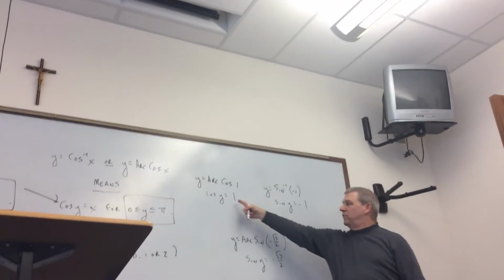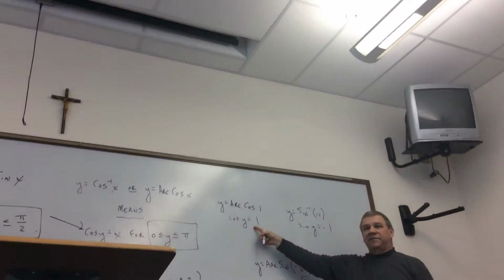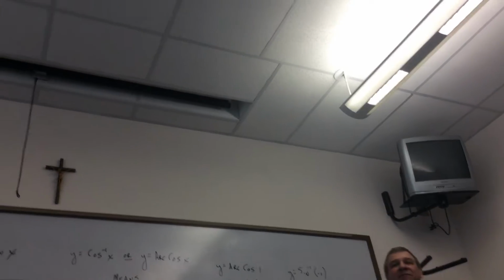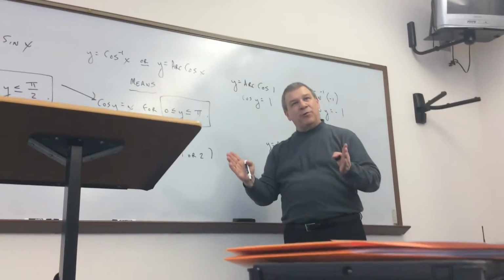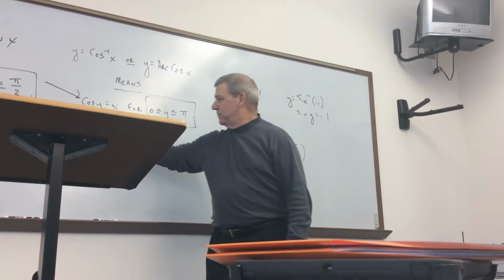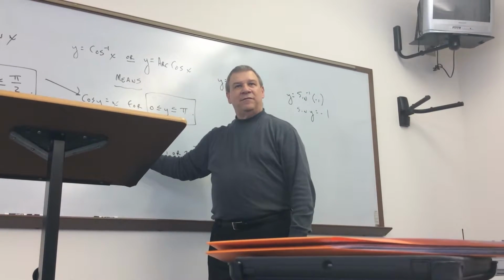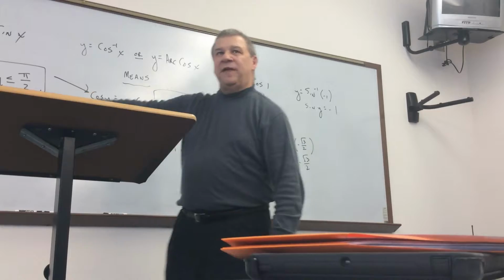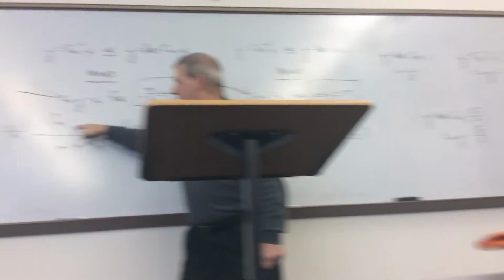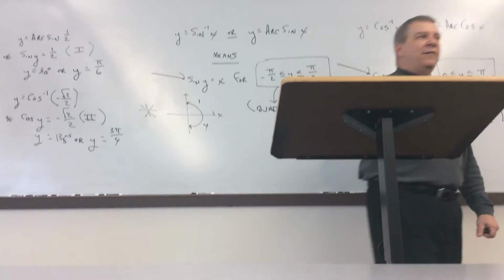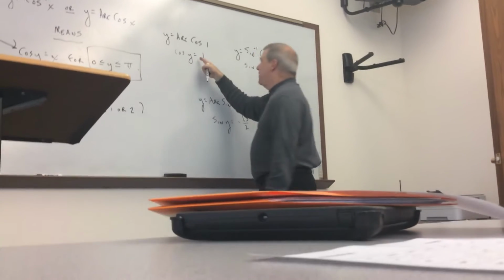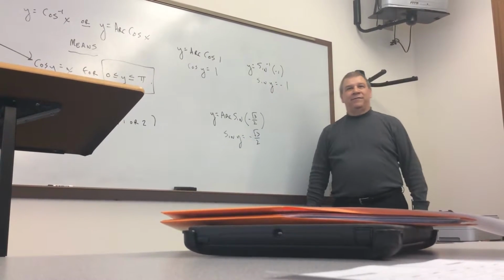Whenever it's inverse cosine, like this, I'm giving you the best way to learn this. Whenever it's inverse cosine, what's the range where the answers could be? Only there. When it's inverse sine, the answers can only be there. That's a 1 and a negative 1.